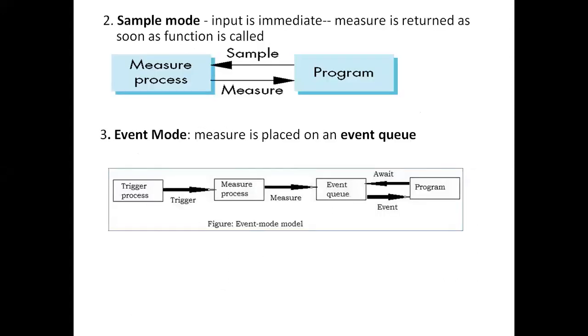One method is that it will ask printf, enter the two numbers, and you will give the input. What are the other methods by which we can give the input to the program? That is the second method, sample mode. In sample mode, the type of giving the input is immediate.